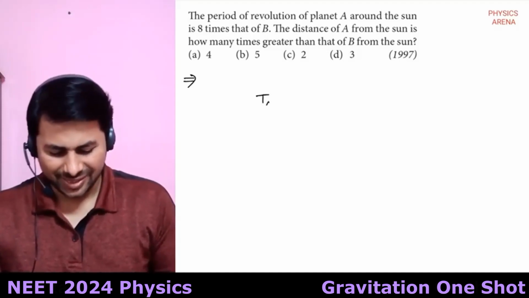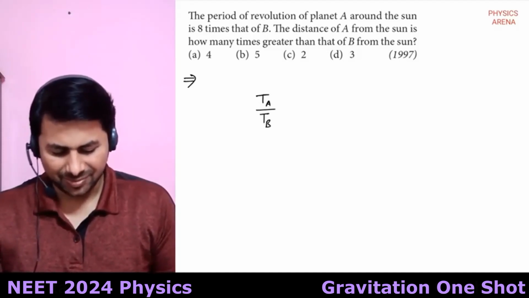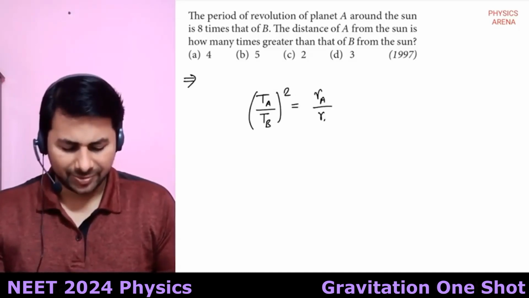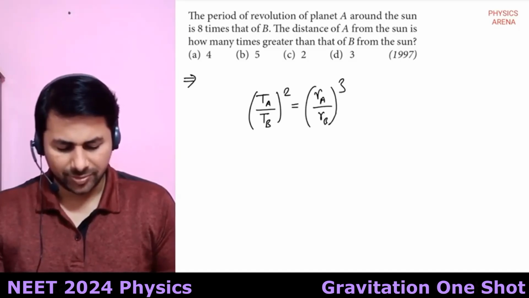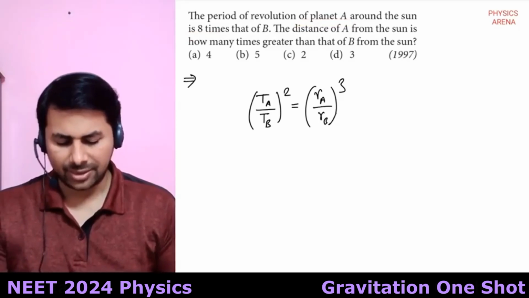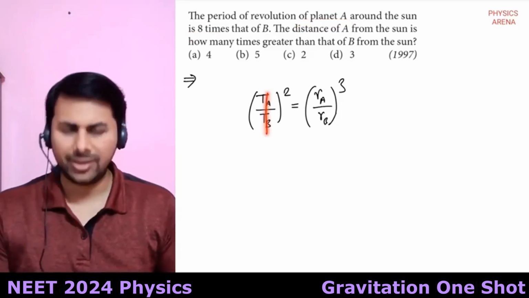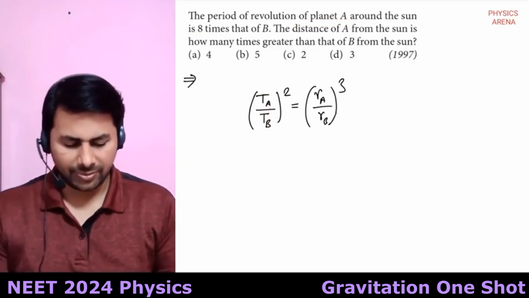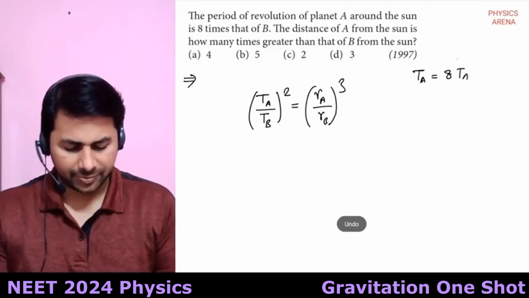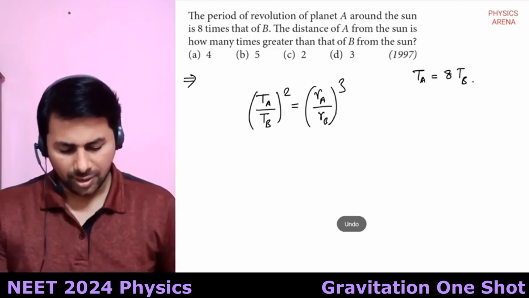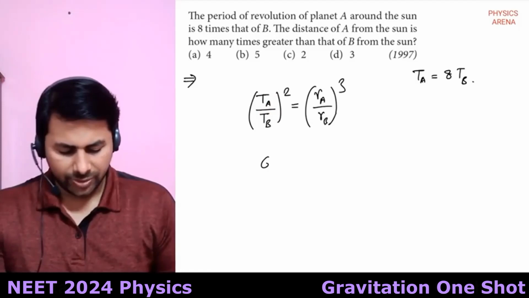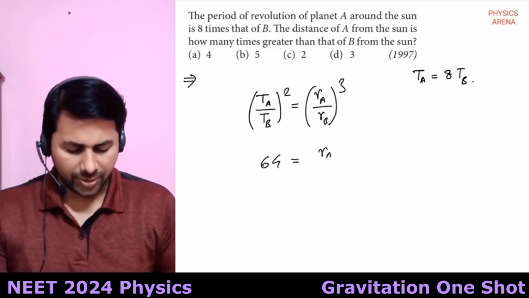TA by TB whole square will be equal to RA by RB whole cube. The period of A is 8 times that of B, so TA by TB is 8. 8 square is 64. 64 is RA upon RB cube.